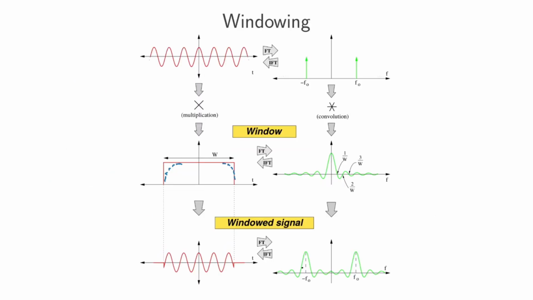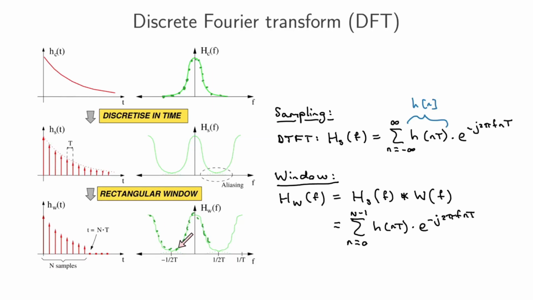If this is a sinusoid and we take the DFT of this sinusoid, in other words, we sample, causing aliasing if we don't sample fast enough, and then we window, the DFT will actually give us the heights of those points. The way in which we get these sample points out is that we take this thing and periodically repeat it, because that corresponds to convolution in the time domain, which is like multiplication in the frequency domain.